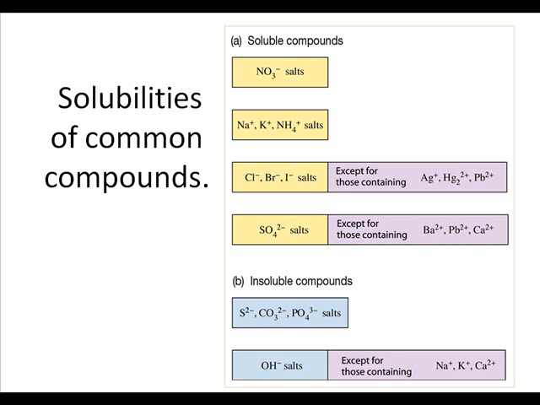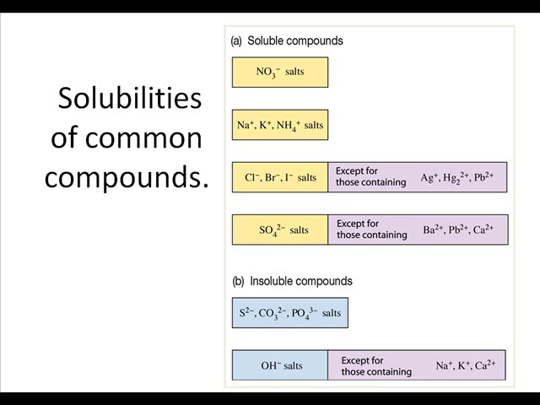Now look on top, it says under A, soluble compounds. What that means is everything in gold, nitrates, sodium, potassium, ammonium, chloride, bromide, if it's there, it's soluble. What does that mean? It means it's always going to be dissolved.